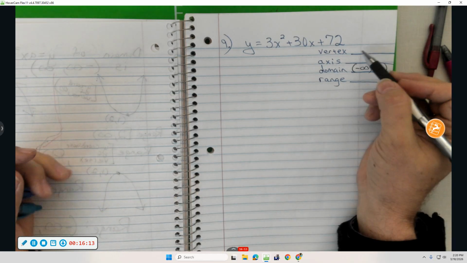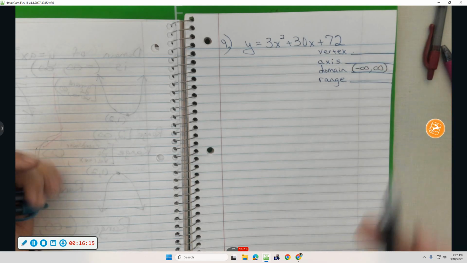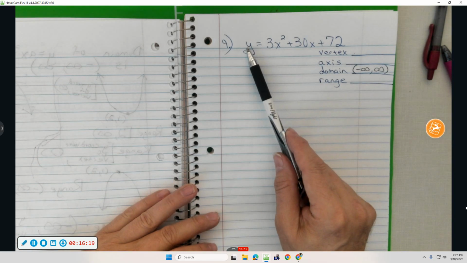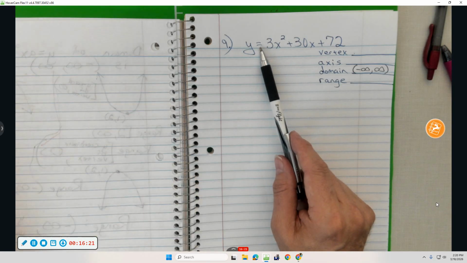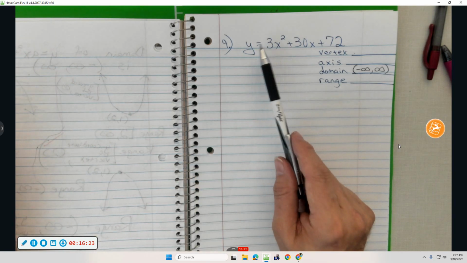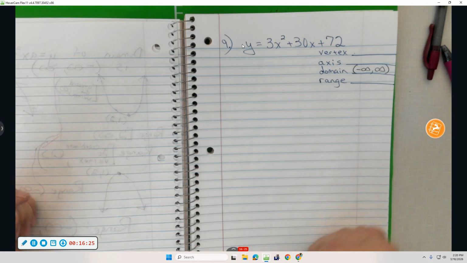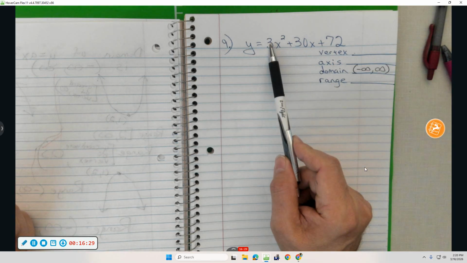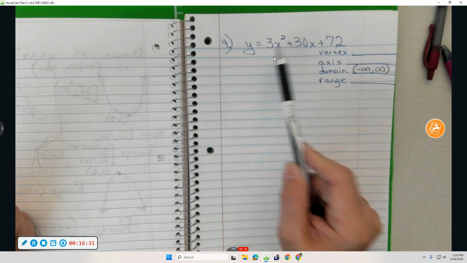Let's determine the vertex. By the way, the problem says f of x, and I wrote y. Remember, f of x and y are interchangeable, so I was just feeling lazy. Look at that a value. A is positive.